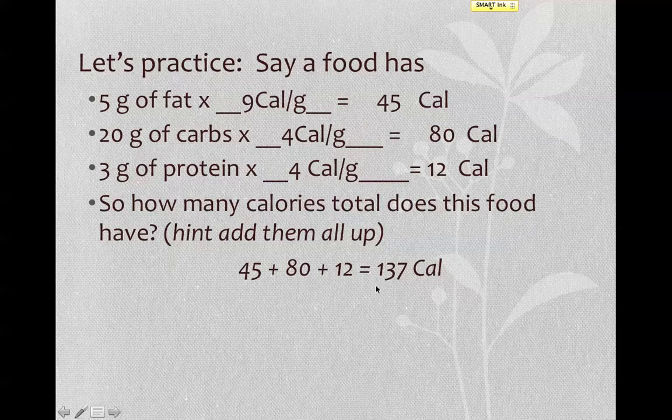So if a food had this on its nutritional label, you could actually calculate the total calories of the food because all calories come from these three macromolecules, nothing else. Things like vitamin C, iron, and calcium have no calories. They're important, but they do not provide energy.